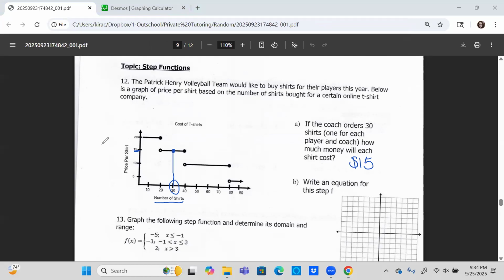Okay, write an equation for this step function. I think I get cut off there. Okay, so f of x equals big bracket. Wish I had more room. Okay, I'm going to actually just come over here and white some stuff out.